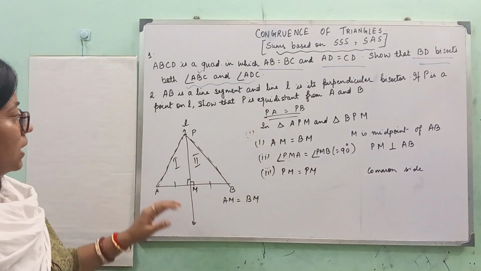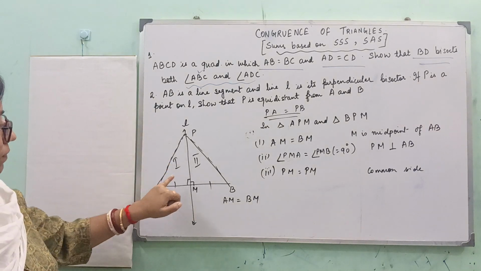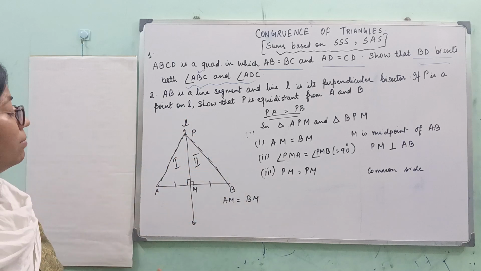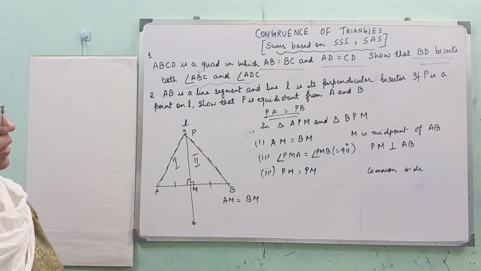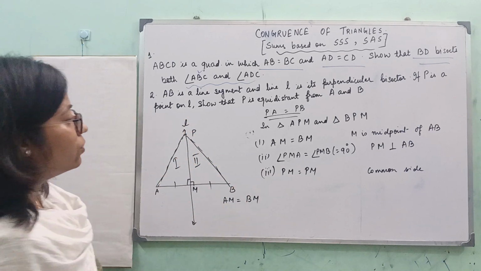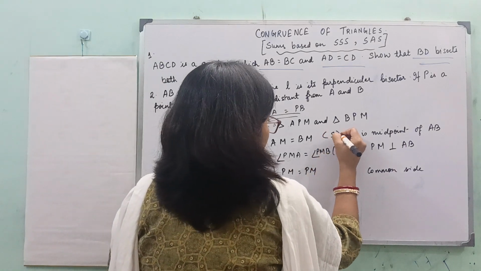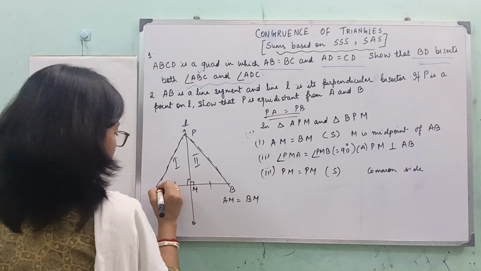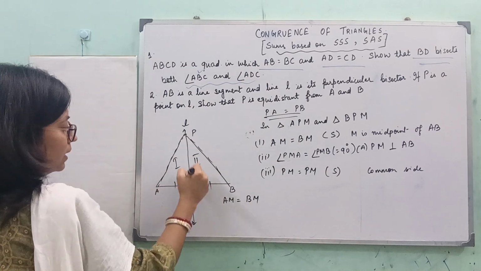So we can see that the triangle APM and the triangle BPM are both congruent to each other. And what is the rule that we have used? Side, angle, side: one side, an angle and a side.